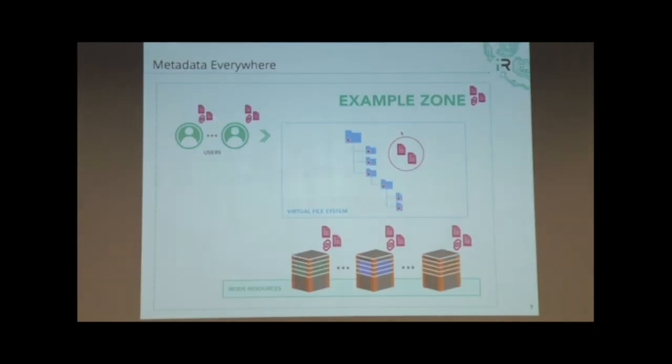So here's an example of an iRODS system with metadata on the resources, metadata on the user, collection, and files. An example would be metadata on the resource could tell you what capabilities are in that resource. Is it high-performance computing, with a lot of compute nodes? Is it a HIPAA-compliant resource?